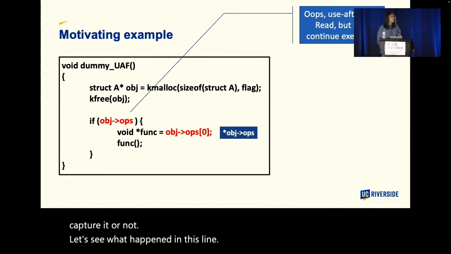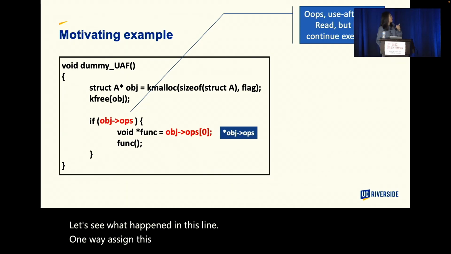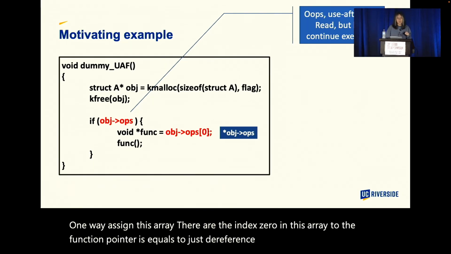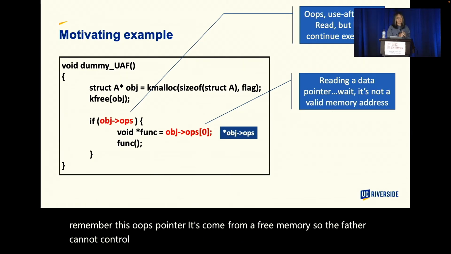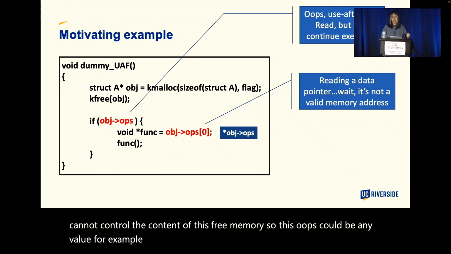When we assign the index 0 in this array to the function pointer, it equals just dereferencing this data pointer. But remember, this ops pointer comes from freed memory. So the fuzzer cannot control the content of this freed memory. So this ops could be any value. For example, if it's 0, then the kernel panics.